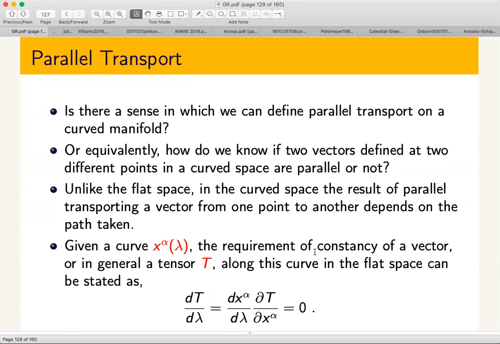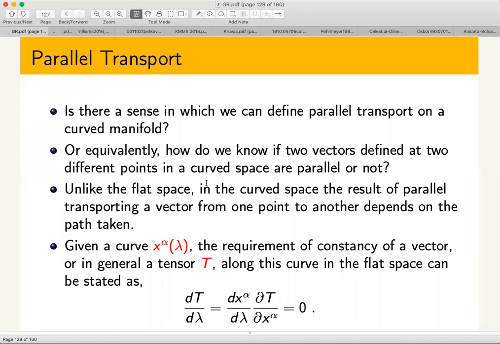So we said that if you want to do a parallel transport of a generic tensor, a vector is like one rank 1 tensor, so we might as well ask this question for an arbitrary tensor. So we wanted to ask how do we transport a tensor along a curve?